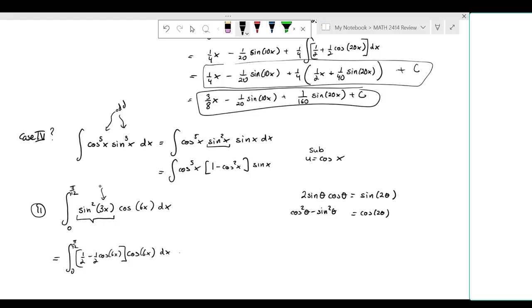And then we would have to distribute. All right, and we can definitely anti-differentiate the first term.